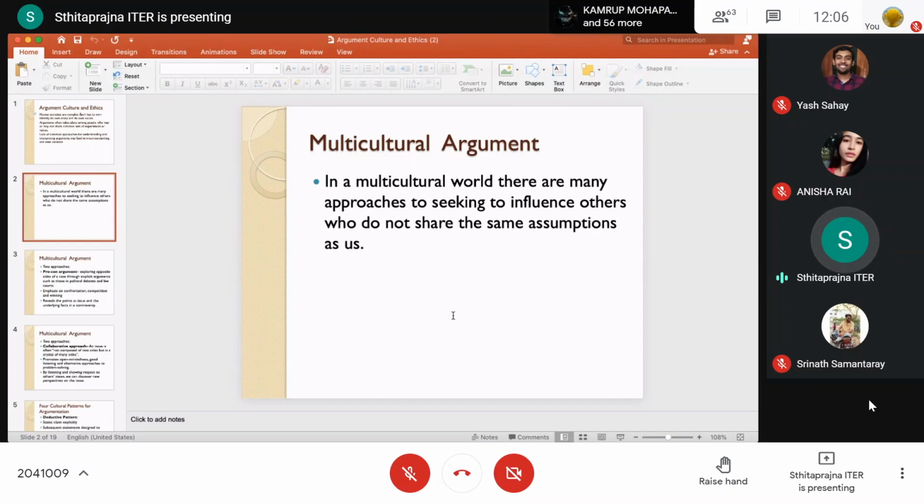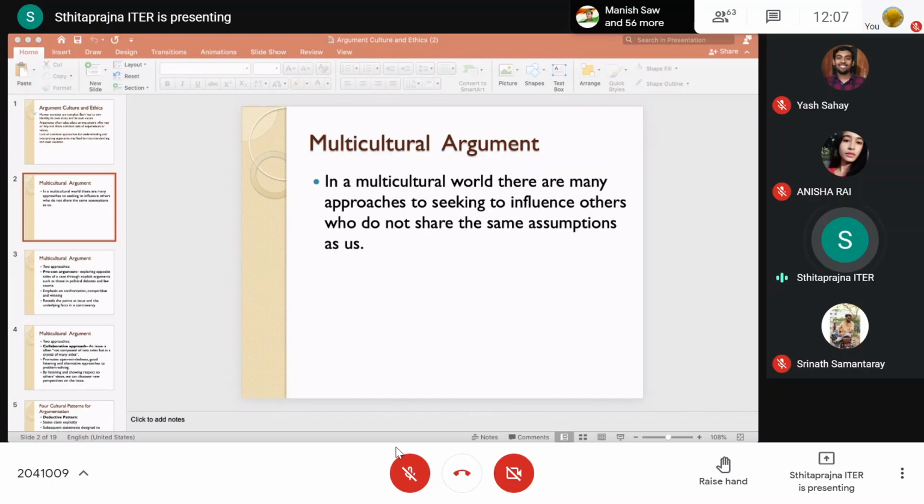If you are listening, is this clear to you? In argument culture and ethics, we will try to learn two basic approaches to making an argument in a multicultural setup.